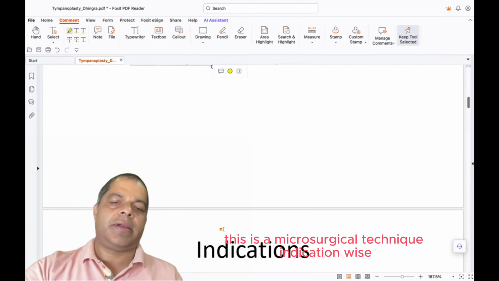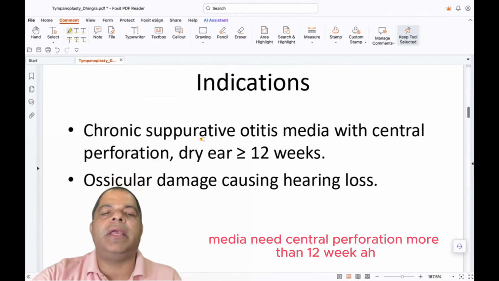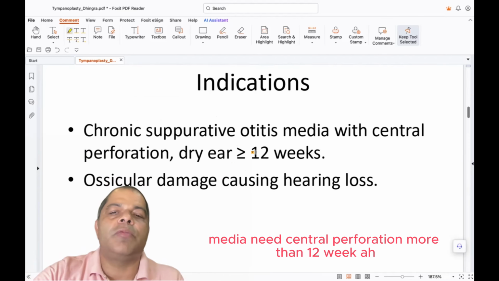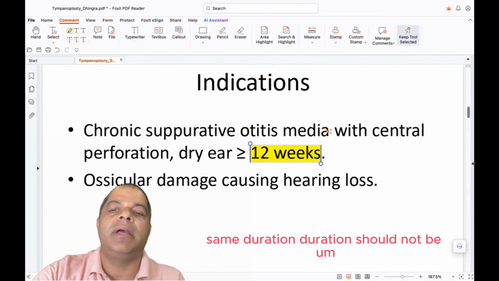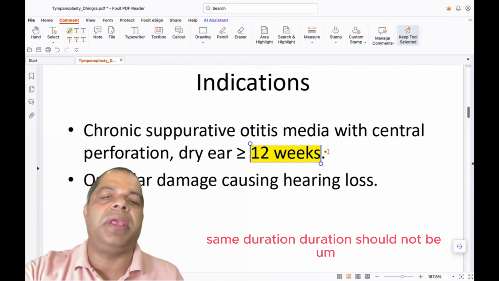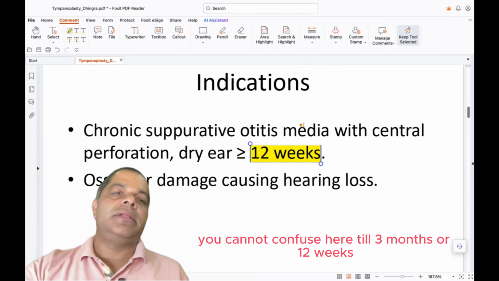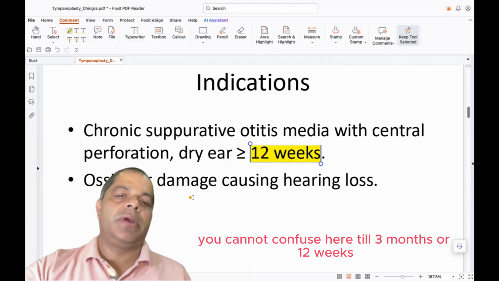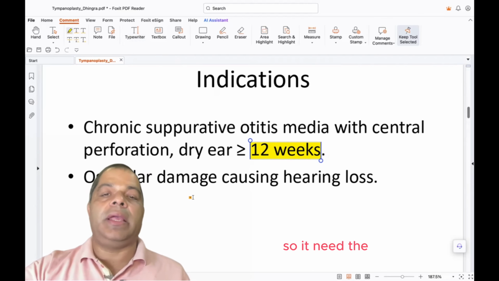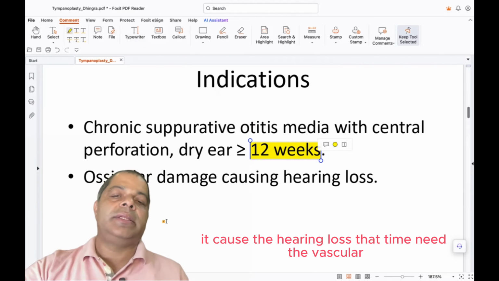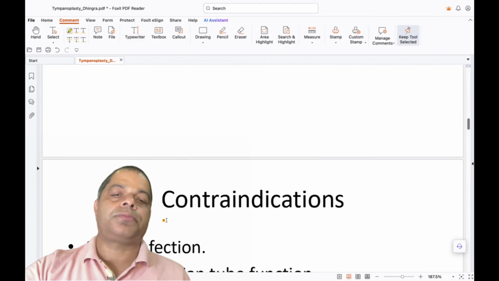But yes, you have to tell in the exam, this is a microsurgical technique. Indication wise, yes, chronic suppurative otitis media with central perforation for more than 12 weeks. You can tell 3 months also, same duration, you cannot confuse here, 3 months or 12 weeks. If there is ossicular damage causing hearing loss, that time you need ossicular reconstruction too.